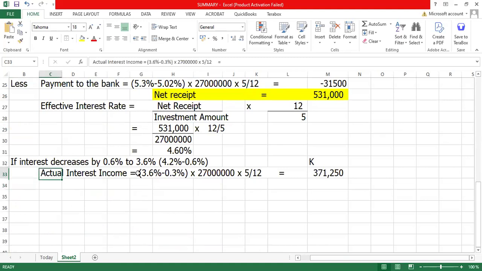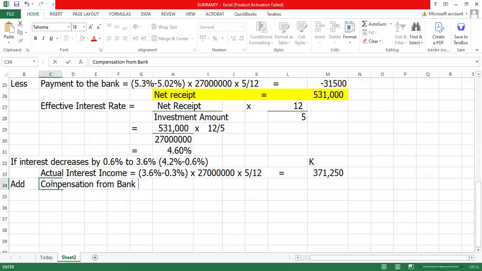So if it's the banker compensating, are you going to subtract or add? We are going to add. It means that here we are going to add. Here it's receipt, or compensation from bank. You get the CBR rate now, that is 3.6.